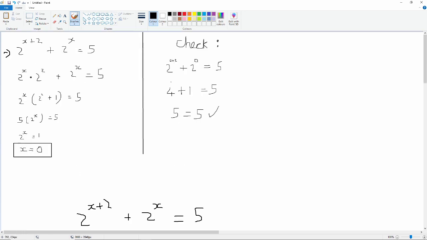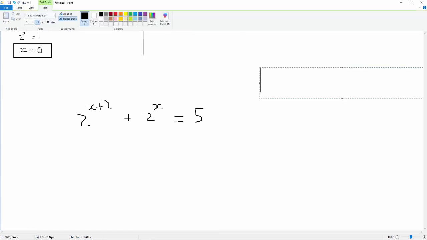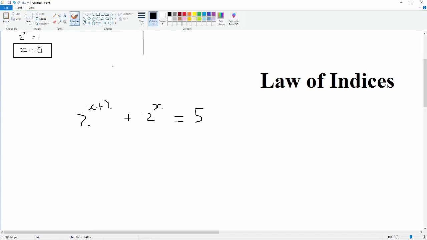Right, so I want to talk a little bit about the laws of indices. So I'm actually going to type that out because my writing is terrible. Okay, so the first thing I want to say is, what is an index? So this bit on the top that's elevated above the line is your index, and this here is your base.